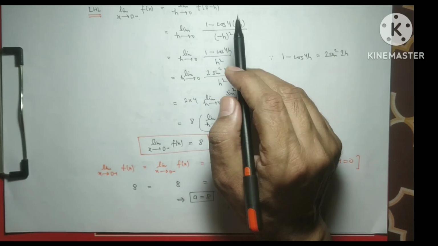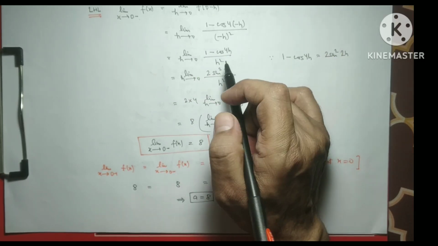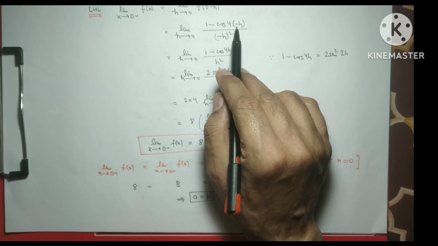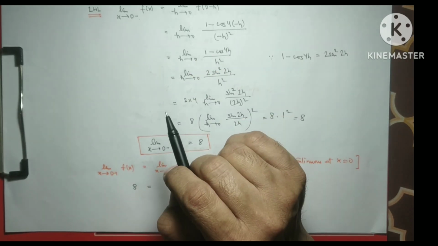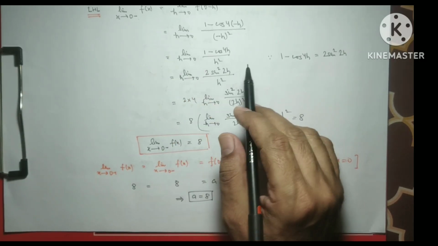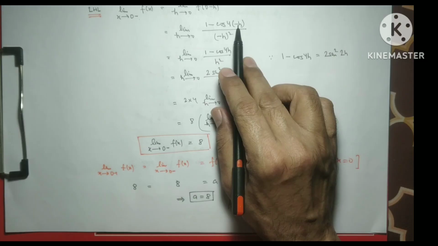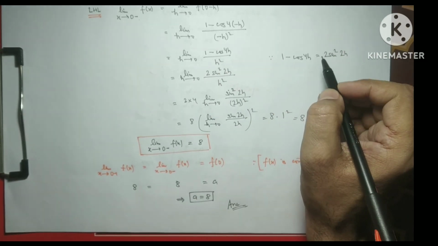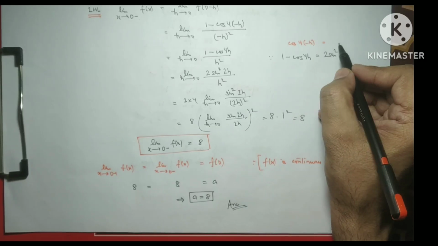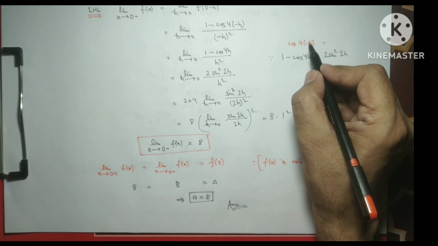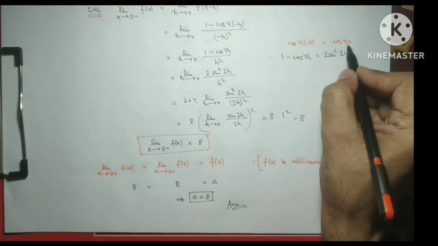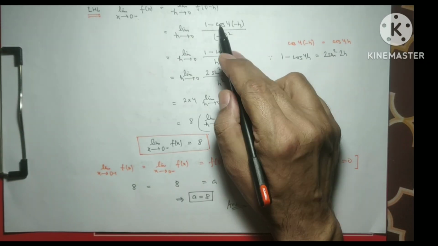So it is (1 minus cos 4x) over x square. We put minus h, so 1 minus cos of 4 times minus h over minus h whole square. So it will be limit h tends to 0, 1 minus cos of minus 4h, that is cos 4h, because this is in the fourth quadrant, so it will be positive.